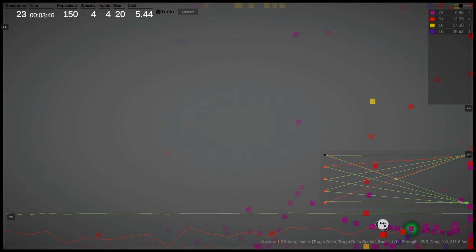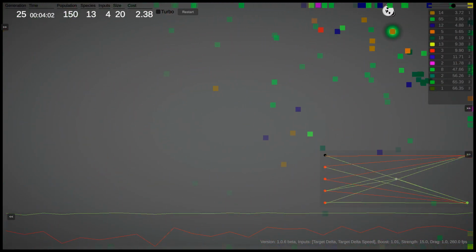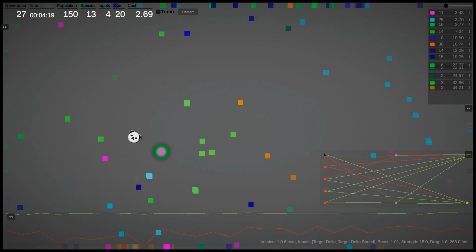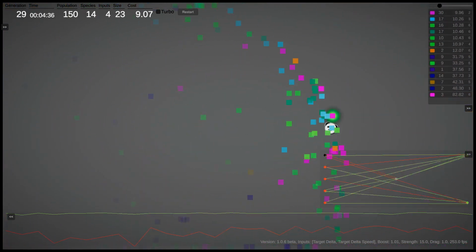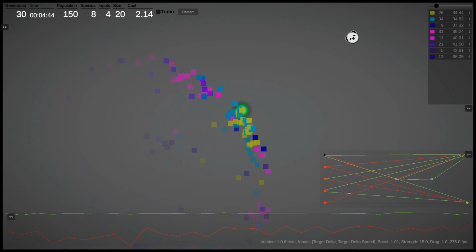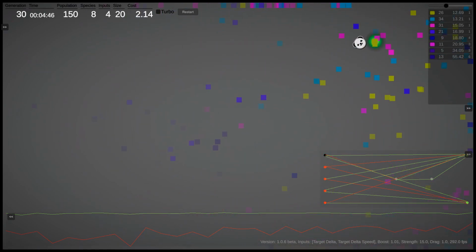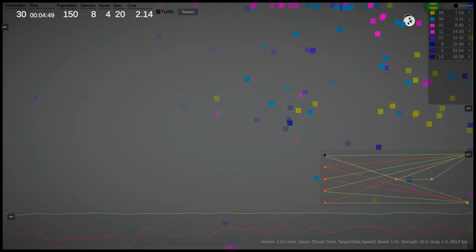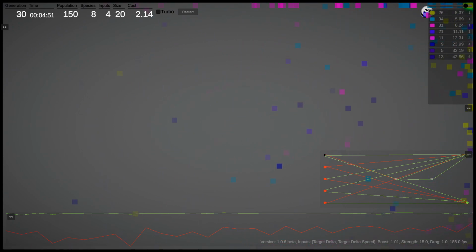Let's increase the amount that the target moves and see what happens. As we might expect, the creatures become more clever at predicting where the target is going. Notice how they travel in the same direction as the target as they try to close in on it.